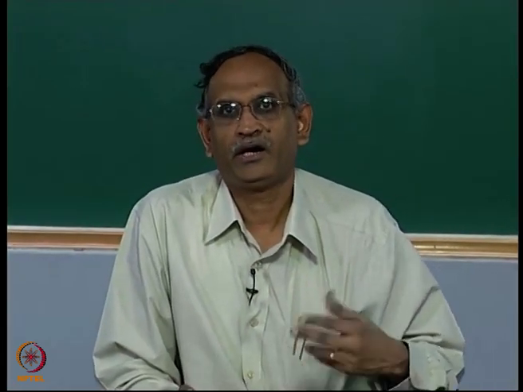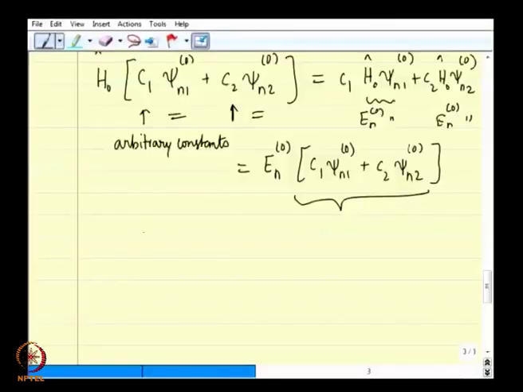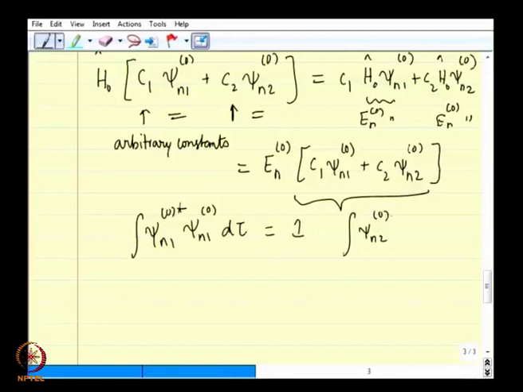The two examples I gave you, the particle in a 2D box and the hydrogen atom, in which when n is equal to 2 you have 4 wave functions, they are naturally orthogonal. Therefore, the wave functions satisfy these properties, namely the integral of psi n1 0 star psi n1 0 d tau is 1, and also for psi n2 0, they are both normalized.